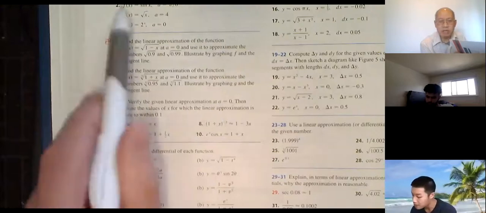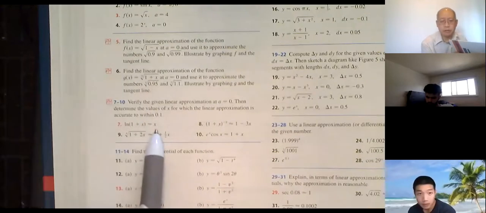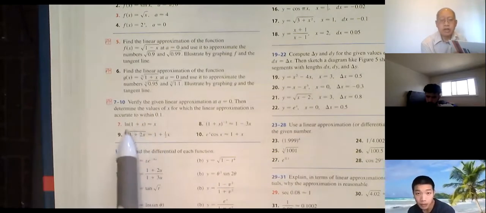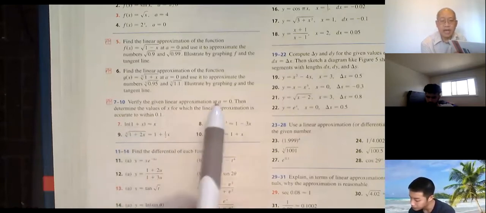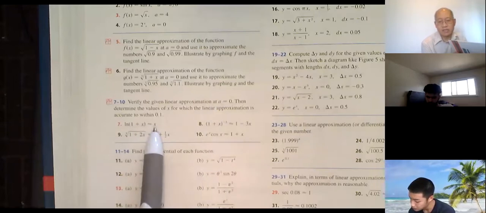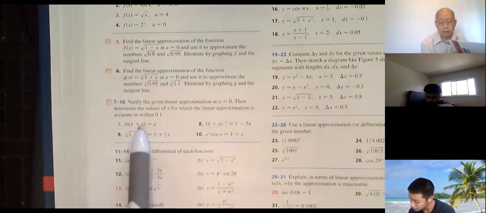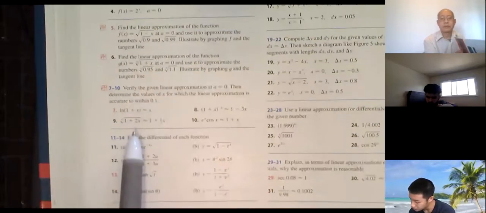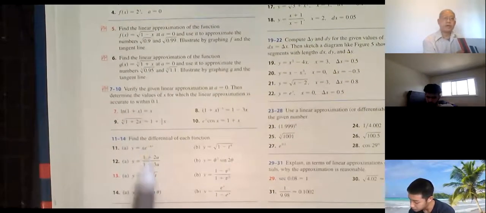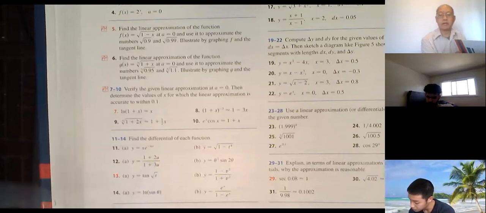It's really the same as these problems. This is the back of the book, so to speak. So suppose it said, find the linearization of ln(1 plus x) at a equals 0, and the back of the book says x. So they're just saving you the trouble of having to look in the back of the book. Okay, then after that, there are some differentials. So we'll see how far I want to go, and then I'll stop after a while and give you the quiz.